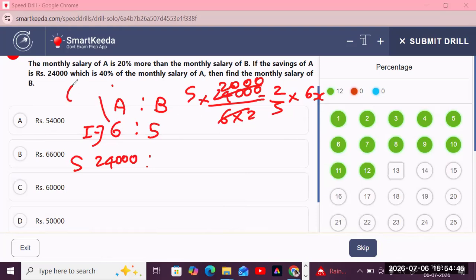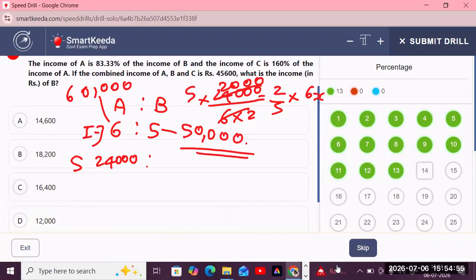So उसका salary is 60,000. So if this is 60,000, this becomes 15,000. Then find the monthly salary of B, it is 50,000.